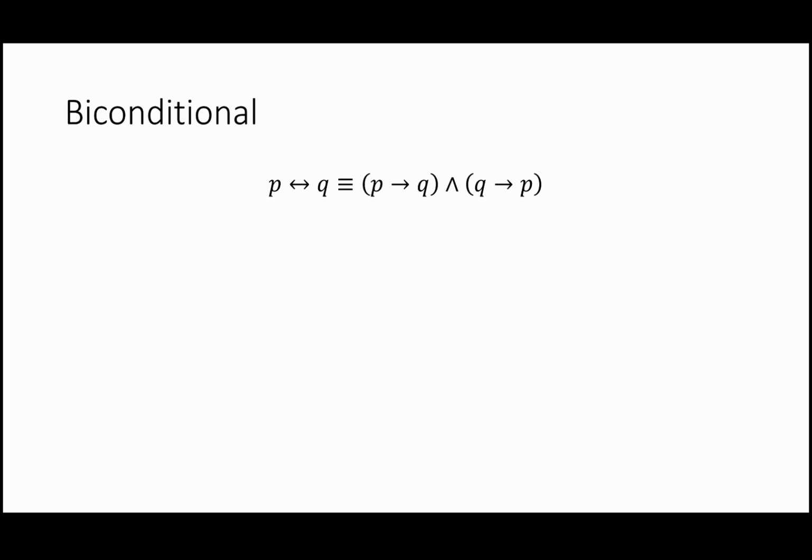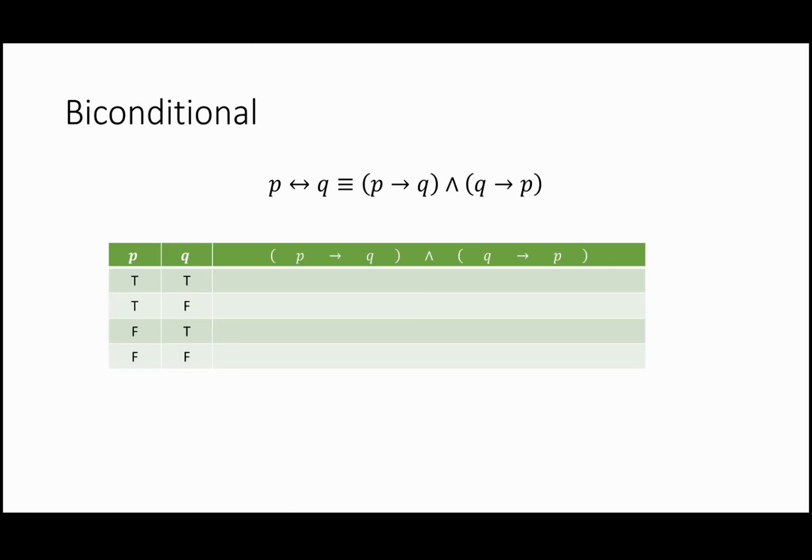Let me just put this in a truth table for you, and go ahead and initialize your P and Q columns, the T's and F's in the standard way. And which parenthetical part should you tackle first? It doesn't matter. I always go for the left one. So here is the conditional statement. Figure out its truth value. We already knew that: T, F, T, T, right?